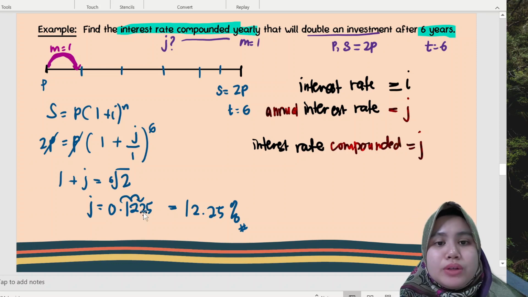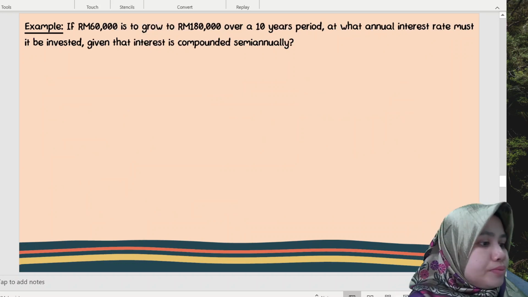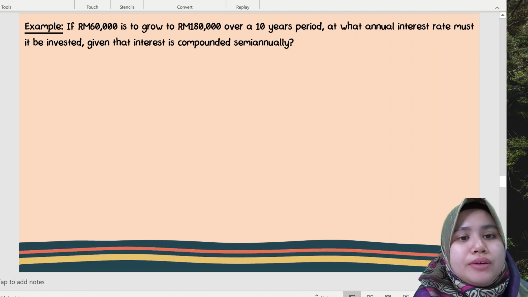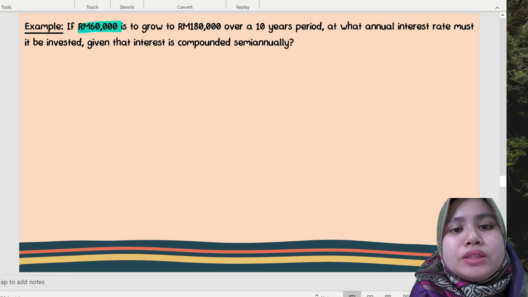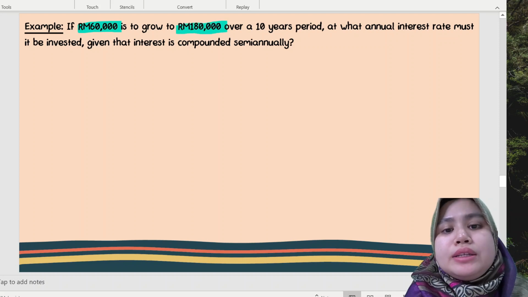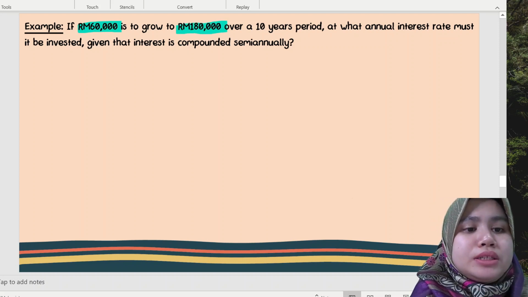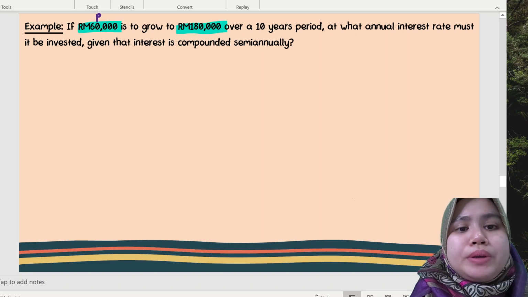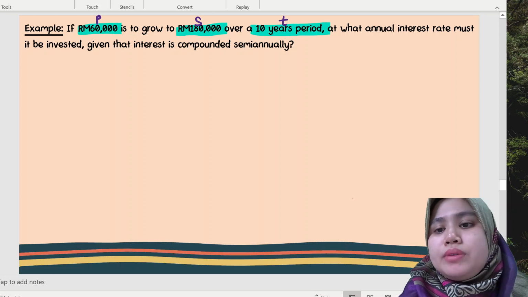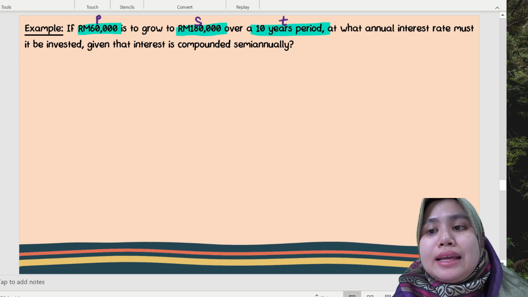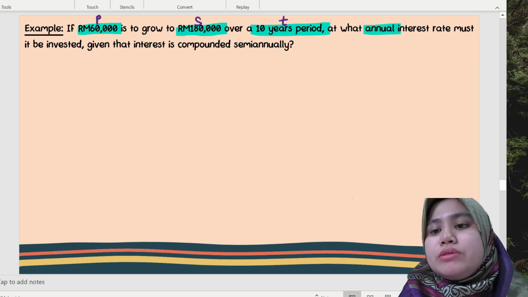Let's move to the next question. We have 60,000 to grow to 180,000. That means this is your P, this is your S, over a 10 years period, this is your T. At what annual interest rate?